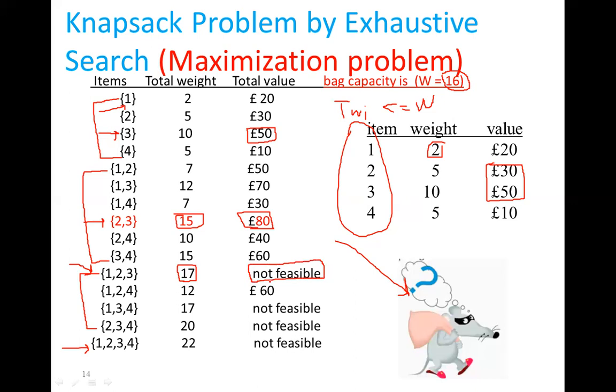So we will not consider it. Based on these solutions, we can find at the end the global maximum. In this solution, we found it at 80. So 80 is the optimal solution of this problem.